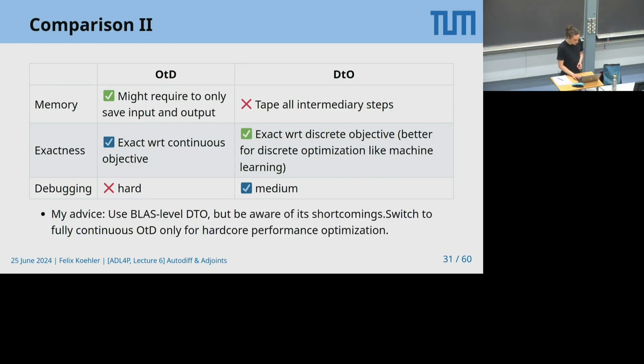Let's finish this section with my advice. I would recommend you, for differentiable physics, to use BLAS-level DTO, but be aware of its shortcomings. This means there are some catchy things we will talk about in a second, and switch to the fully continuous OTD approach only for hardcore performance optimizations. At least this is in my experience. Your mileage may vary a bit, but I think this is also what we emphasize in this course.